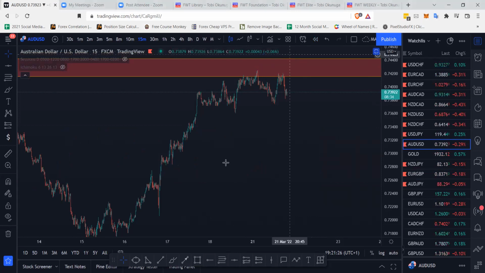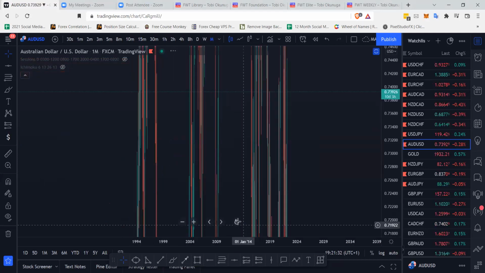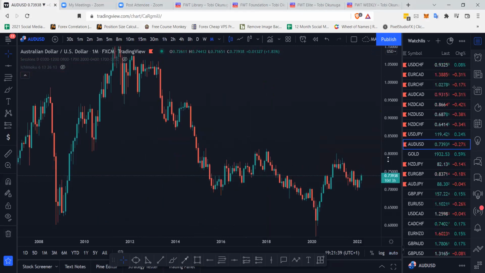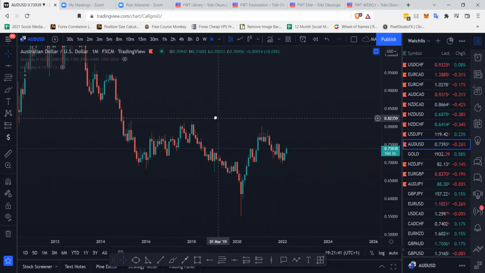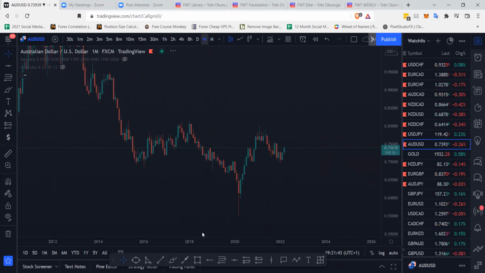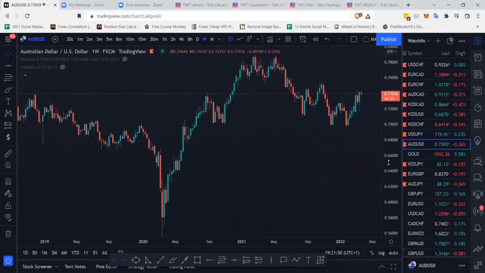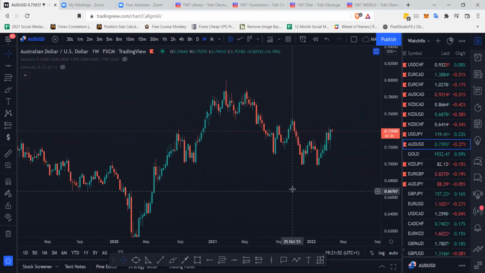AUD USD. So let's check out what's going on from the monthly. All right. So what do we see here on AUD USD weekly?